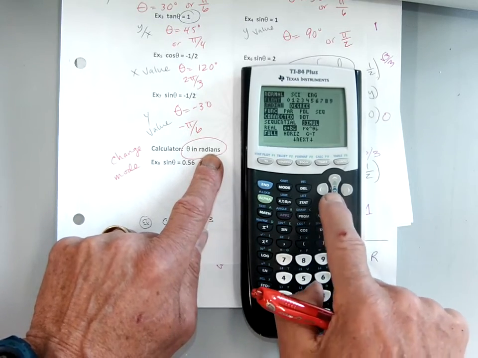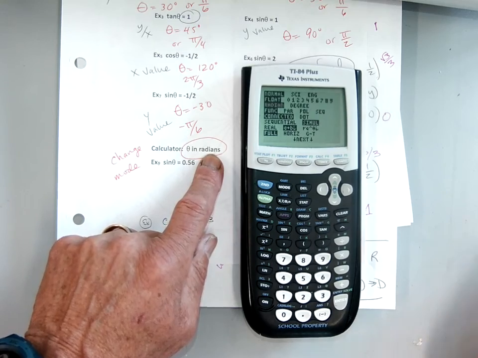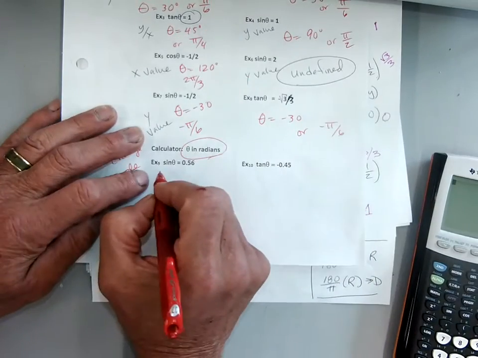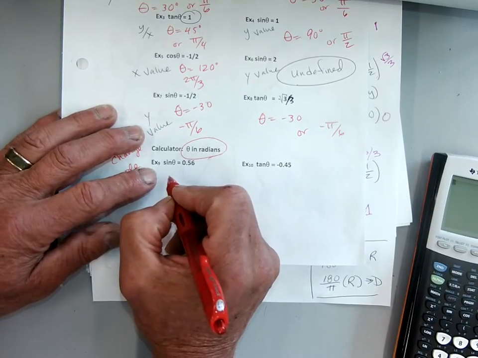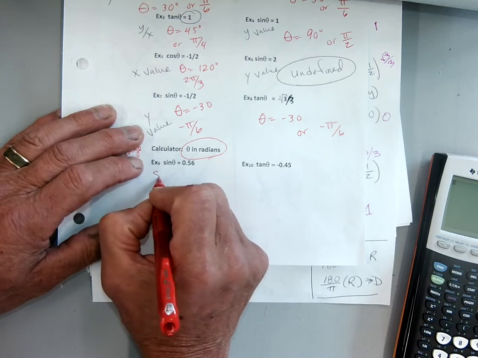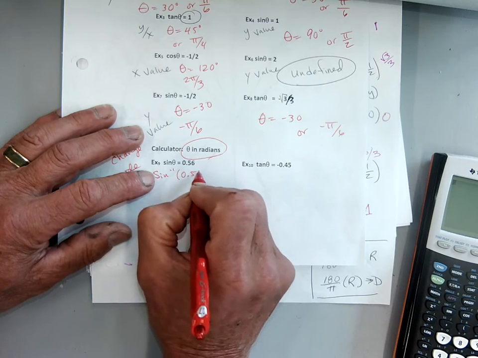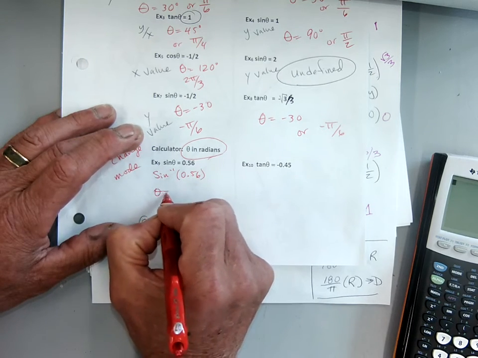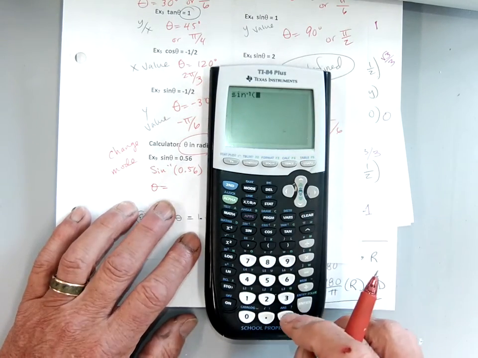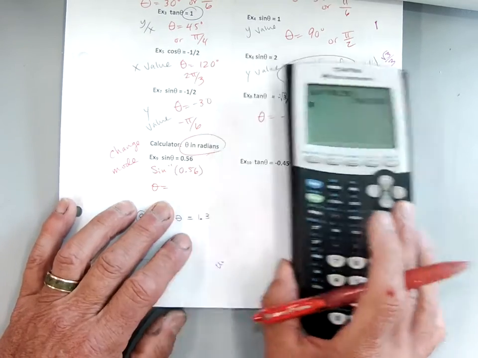So change it into radians, and then if I want an angle, you have to hit the inverse button. Correct? Anytime you want the angle, you always push the blue button, right? So we're going to take sine inverse of 0.56 will give me my angle. All right, sine inverse of 0.56, and I can answer about 0.59, okay?